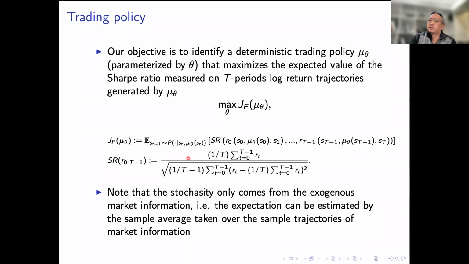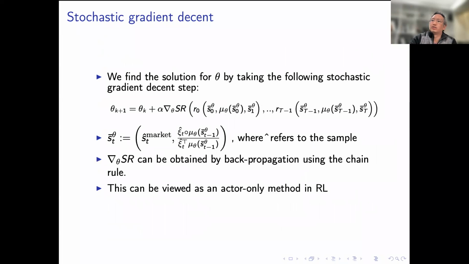However, from the reinforcement learning perspective, this is nothing more than a sample average. And knowing that this is just a simple average, essentially a summation across many different trajectory statistics, we can simply use stochastic gradient descent to solve the problem.